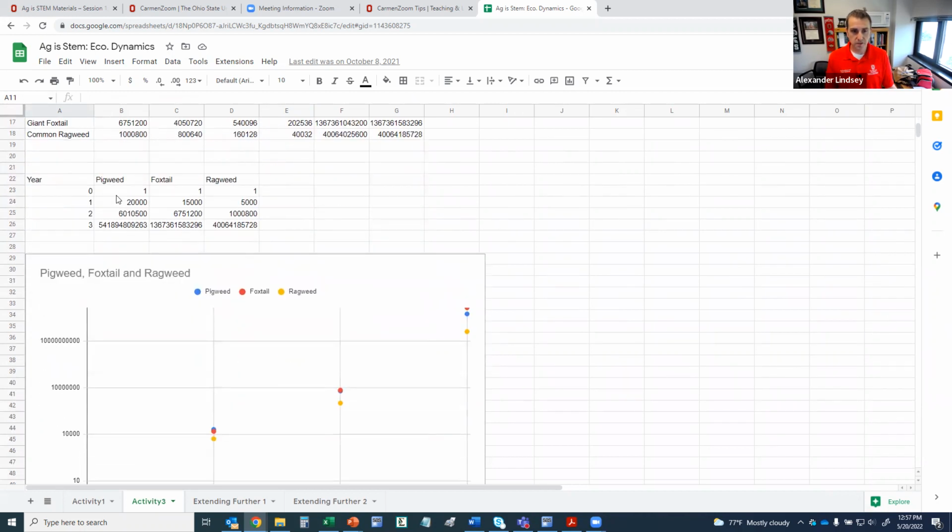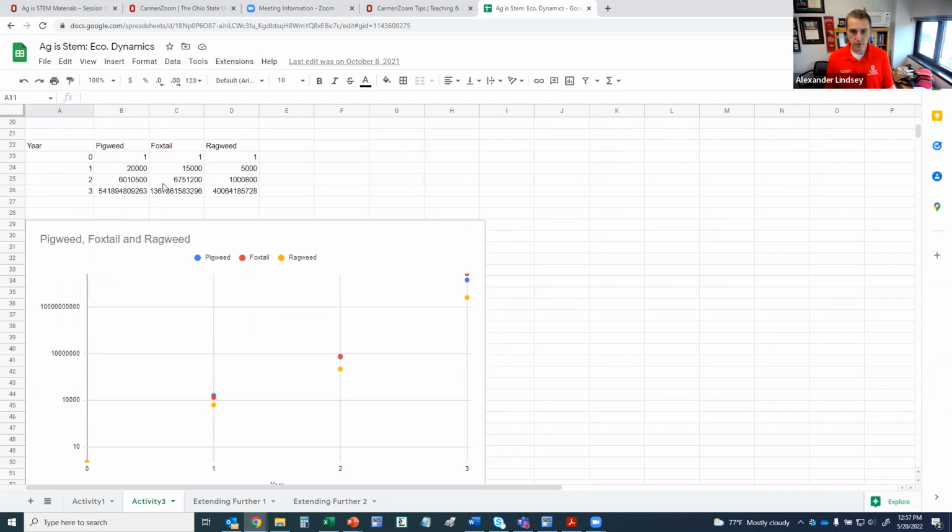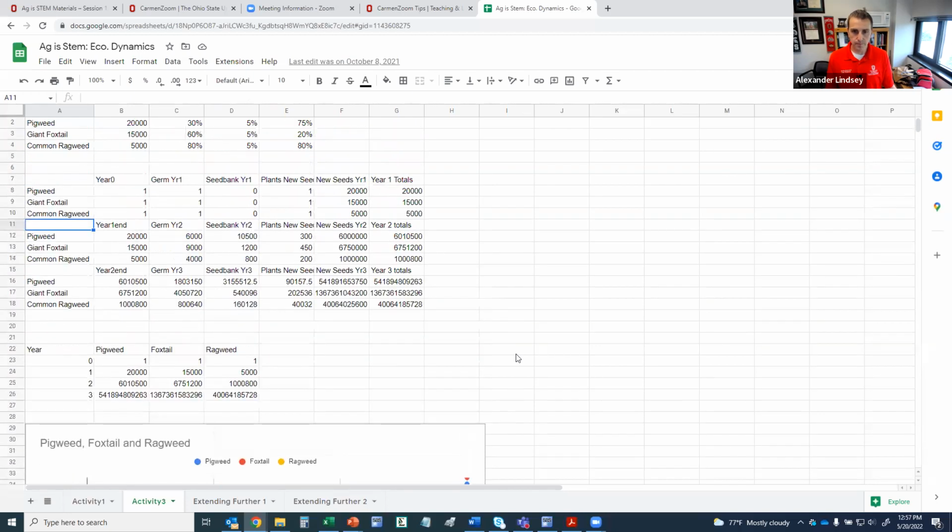Looking at this, we can see over time which species is going to be the most successful of the 3 that we've evaluated. In this case, in the first year, it looks like pigweed and foxtail are out-competing the ragweed. But by year 3, the foxtail is the most competitive of the 3 species that we're examining.